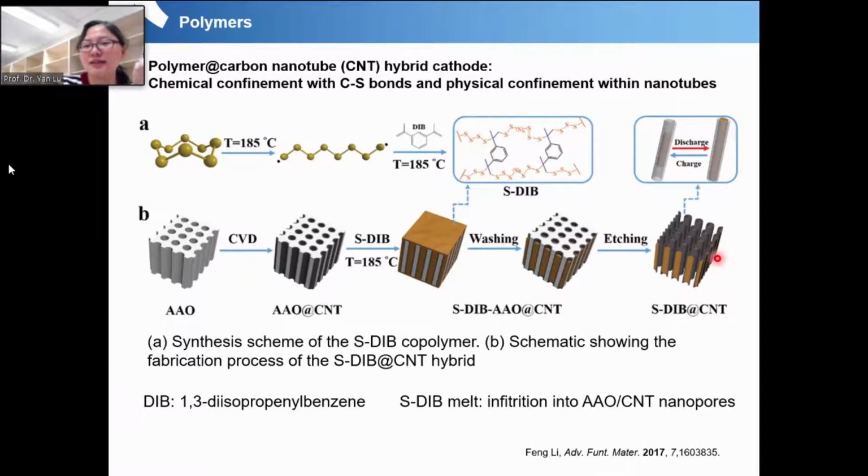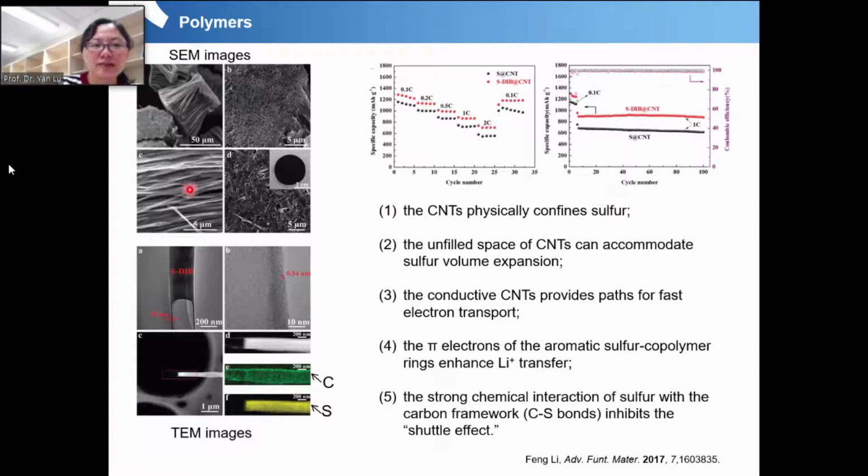And then they use this as a cathode for lithium-sulfur batteries. You can see this looks like the channels from the AAO. So they can really copy the channels from the AAO.